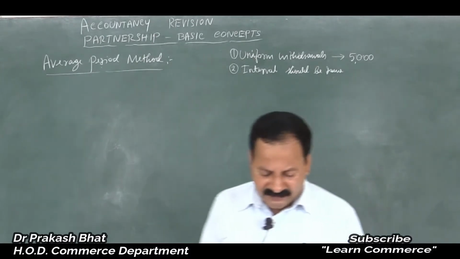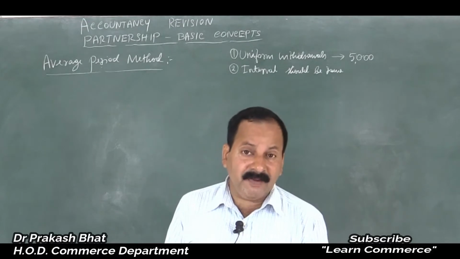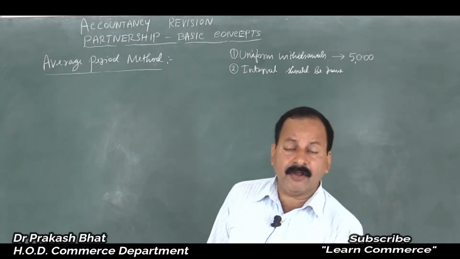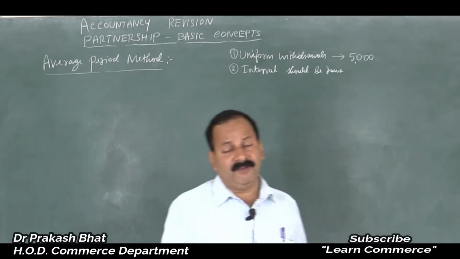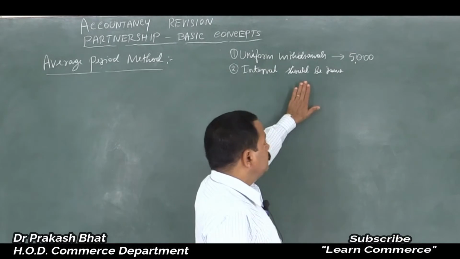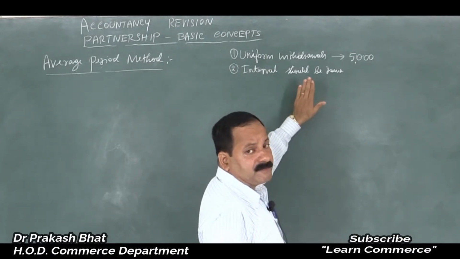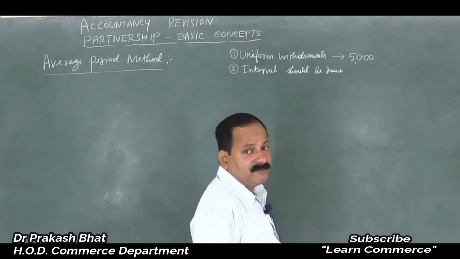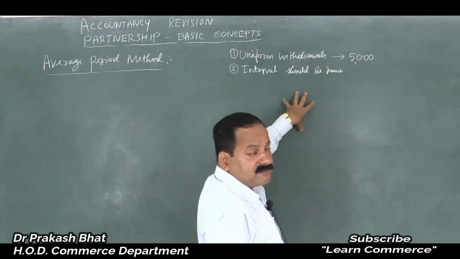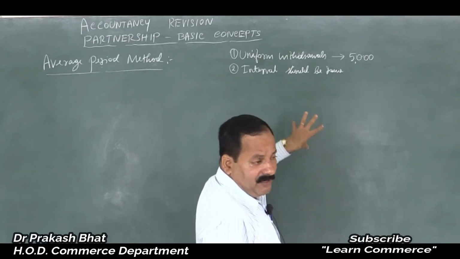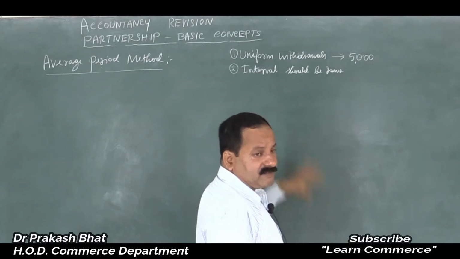Then second one is there should be equal interval, that is, the time gap between all the withdrawals should be same. Suppose first withdrawal was made on 1st April, year starts from 1st April and ends on 31st March of the next year. Then second withdrawal should be on 1st May, 1st June, 1st July, 1st August, like that.